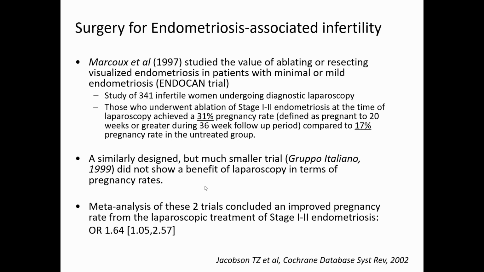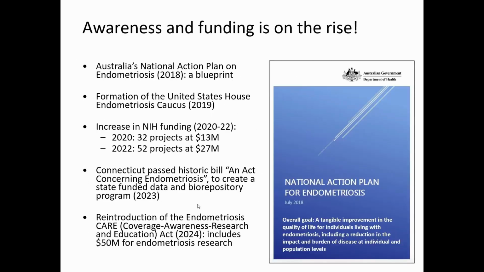For those that had stage 1-2 disease, so the earlier stages of disease, laparoscopy-based treatment of those lesions was associated with an improved pregnancy rate. Unfortunately, a subsequent study did not show similar results, but the meta-analysis still indicated value to laparoscopic treatment of lesions towards improving fertility.